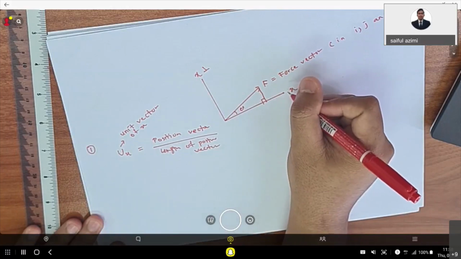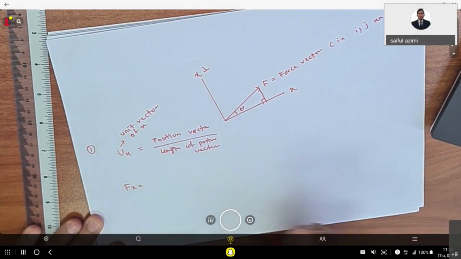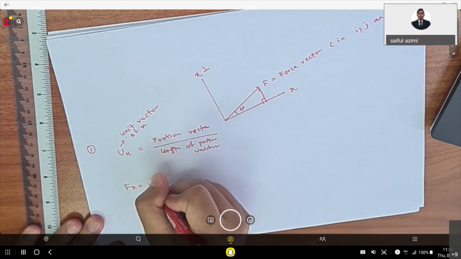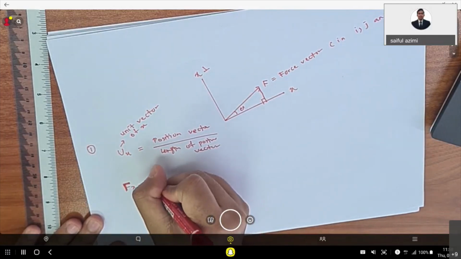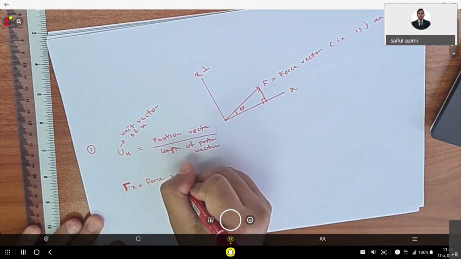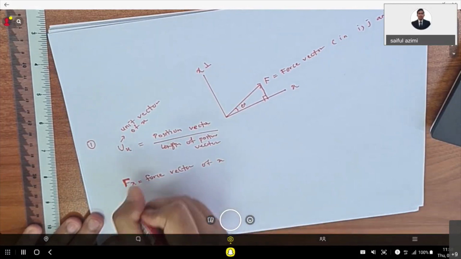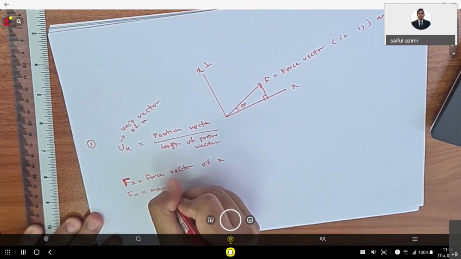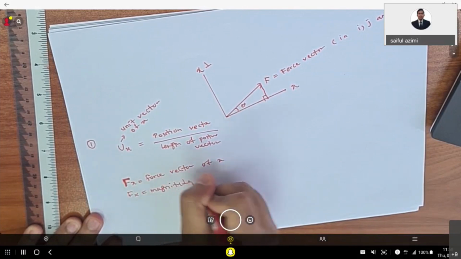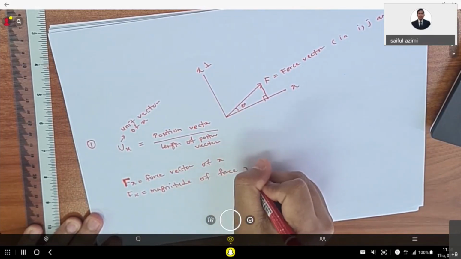Next we need to find Fx. Fx bold equals the force vector of x, and Fx not bold equals the magnitude of force x.